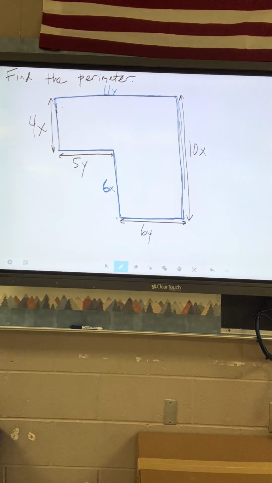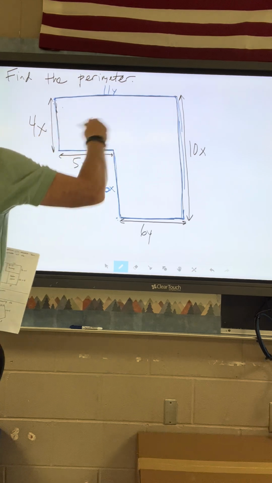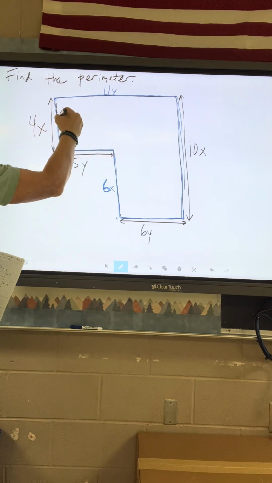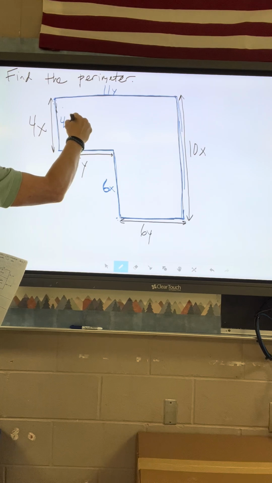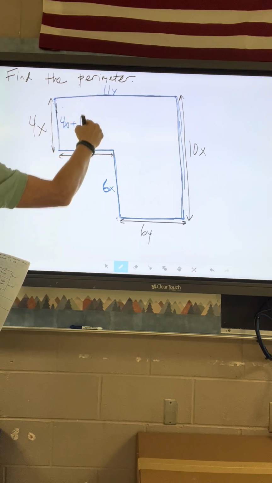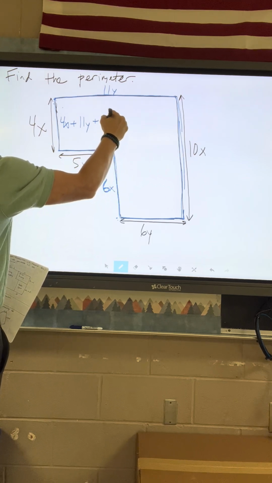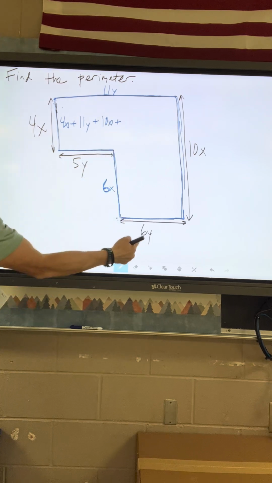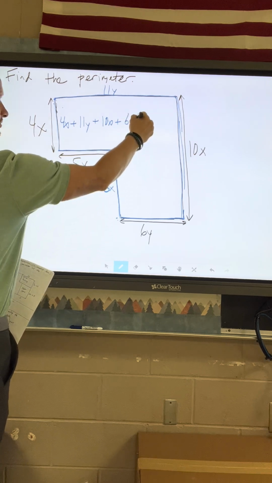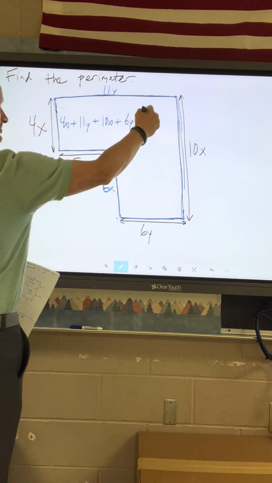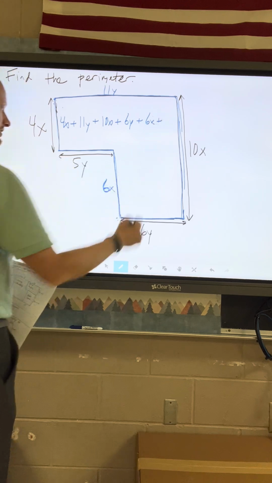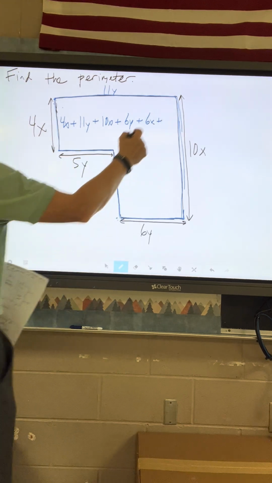Okay? So now it says find the perimeter. Now we've got all of our sides, so we're just going to add those sides up. Okay? All right, so I'm going to use the inside of the rectangle right here to do that. So I've got 4x plus 11y plus 10x plus 6y plus 6x plus 5y.